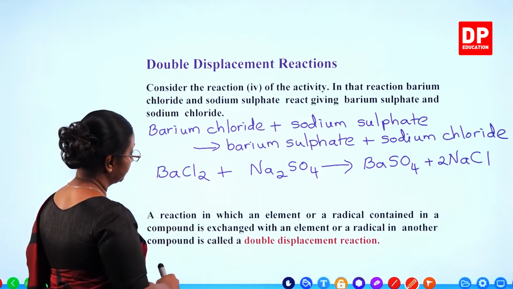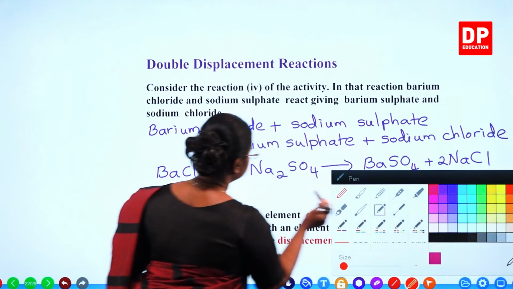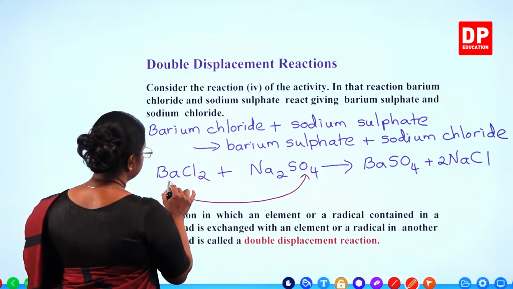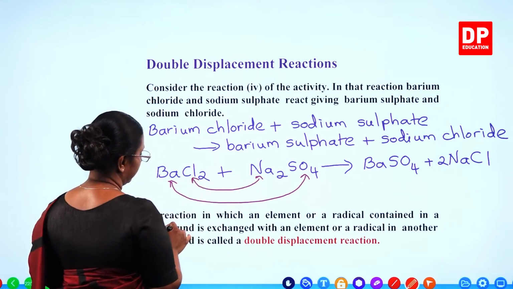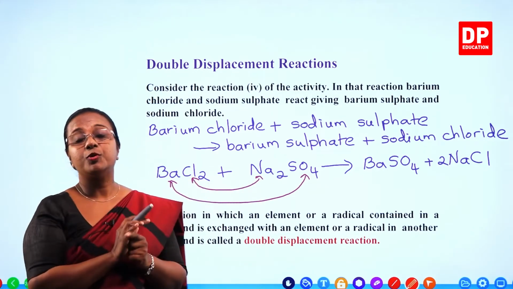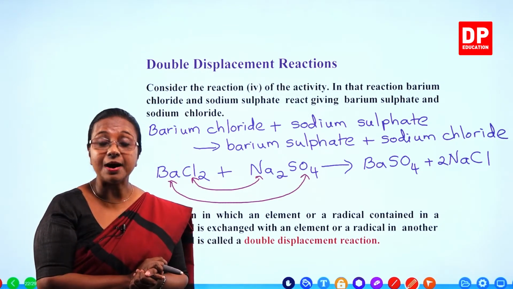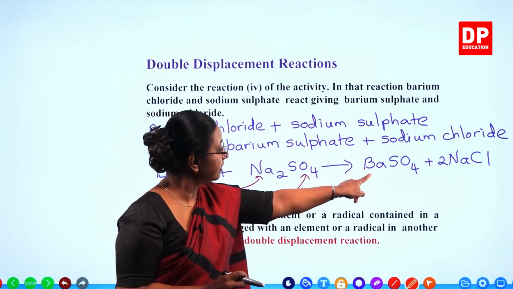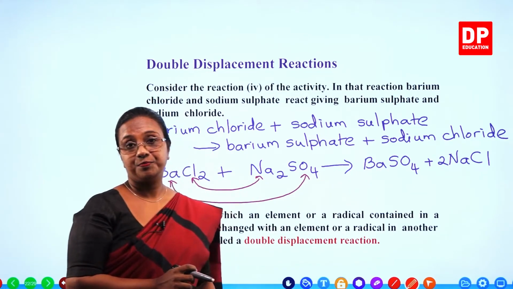So, here of course students, you all can see barium combines with sulfate, chlorine combines with sodium. So, both the components are displaced. That is why we call it double displacement reaction. Barium sulfate here and sodium chloride there.